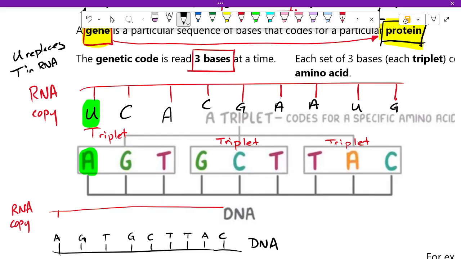But I believe what happened is that the structure of U changed a little bit in DNA so that it actually bonds a little bit more strongly with the A so that DNA is more stable than RNA, because they hold together in the middle a little more strongly. Yeah, but I could be wrong. Okay, yeah, that's my best guess.